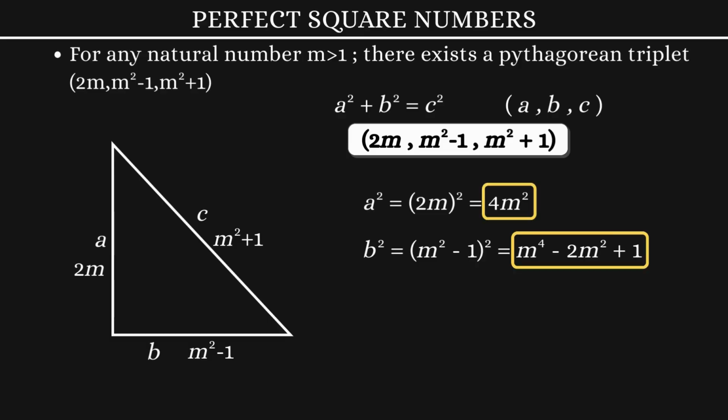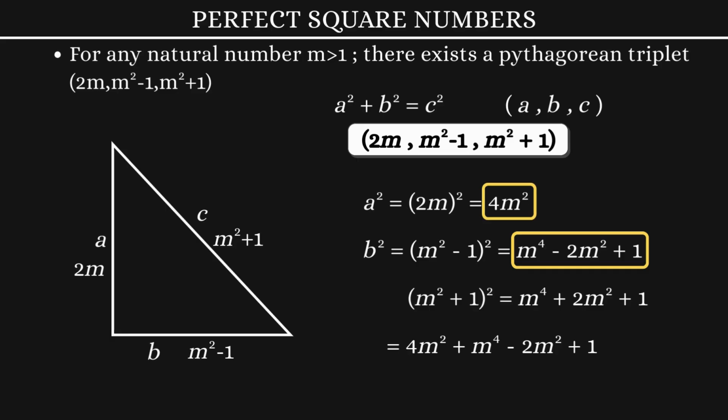Now adding these both, we have 4m squared plus m to the power of 4 minus 2m squared plus 1, which is m to the power of 4 plus 2m squared plus 1. This is nothing but m squared plus 1 the whole squared. In our case, c squared.